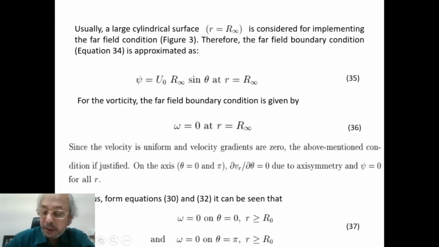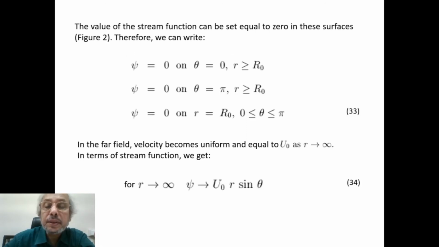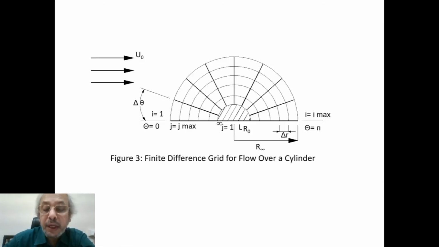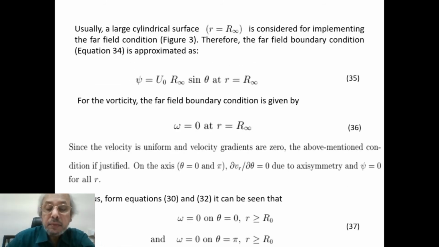Now in equations 30 and 32, that means I'm going back a few slides, we will substitute for Vr and Vθ at the points theta equal to 0 and theta equal to pi. If we do that, we will get omega equal to 0 at theta equal to 0 and omega equal to 0 at theta equal to pi.